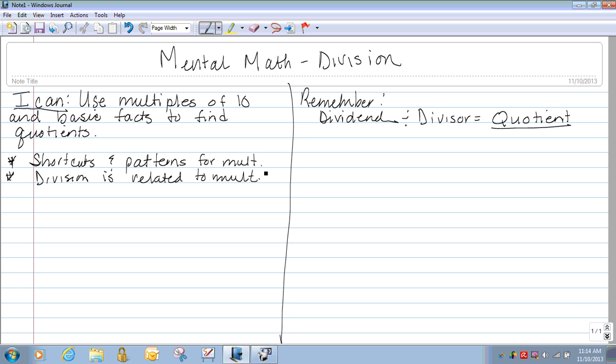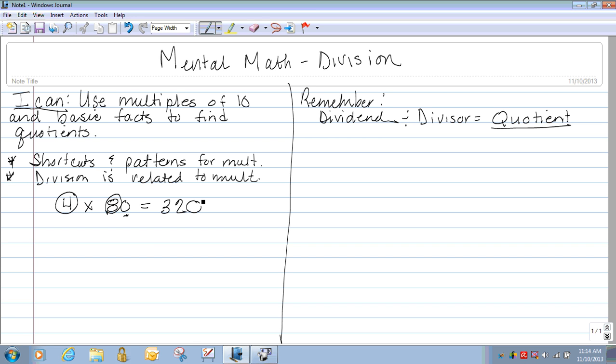They are inverse properties. So let's think about this for just a minute. If I have 4 times 80, we were taught to multiply our basic fact, 4 times 8, and we know that 4 times 8 equals 32. We will place our 0, and the product for 4 times 80, therefore, is 320.